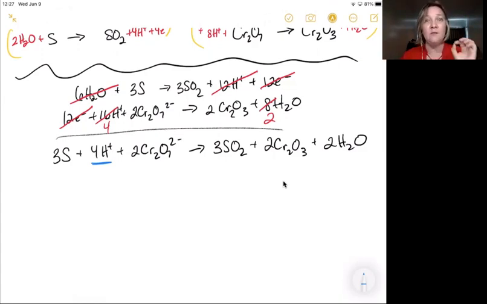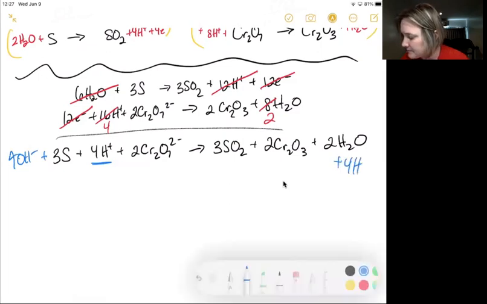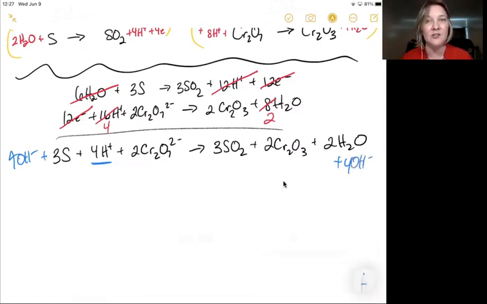At this point, for a basic solution, if you have any hydrogen ions that are free in your equation, you have to neutralize them with hydroxide. I have 4 hydrogen, so I'm going to add 4 hydroxide to both sides. Again, it's just like in math.